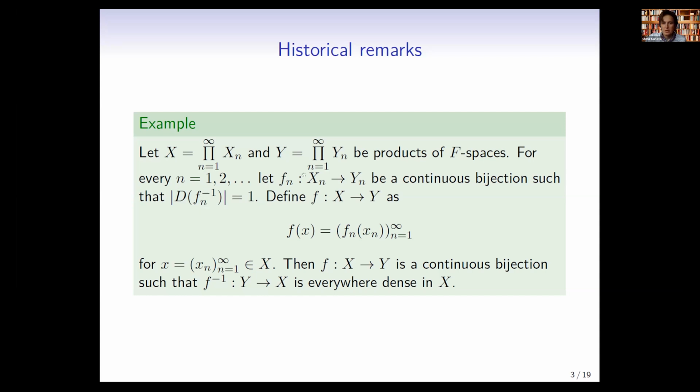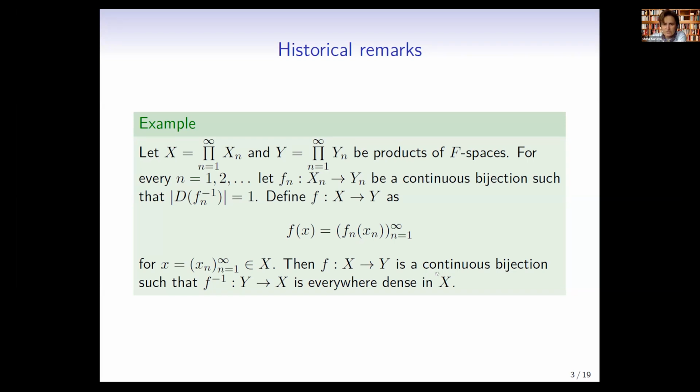So each of these bijections has only one point of discontinuity. And we define a function f as the following. This function is a continuous bijection, but its inverse is discontinuous on an everywhere dense set. The discontinuity point set of this inverse map is everywhere dense in Y, not in X. I'm sorry for this small mistake in accuracy.